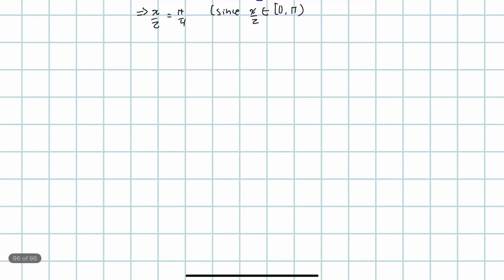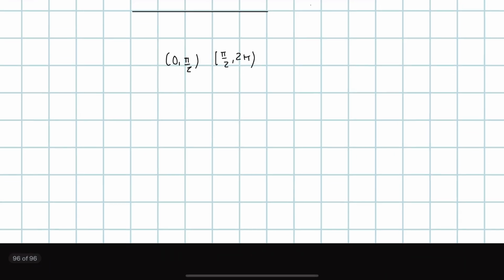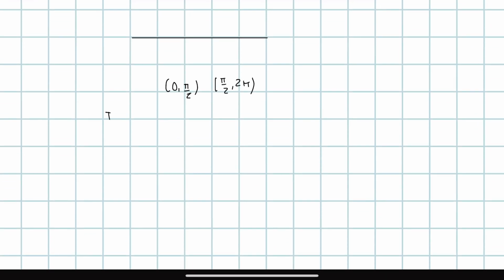So now for our intervals, we're going to have 0 to pi over 2, and we're going to have pi over 2 to pi. So now for testing, we're going to have x equal to pi over 3, and we're going to have cosine of pi over 6 minus root 2 over 2 is going to be greater than 0.